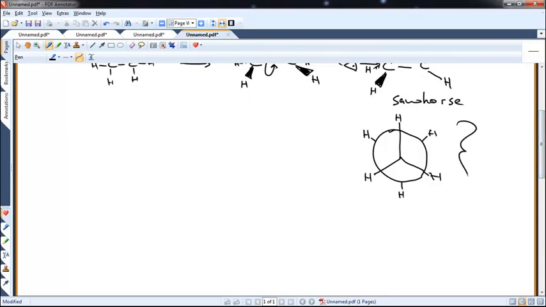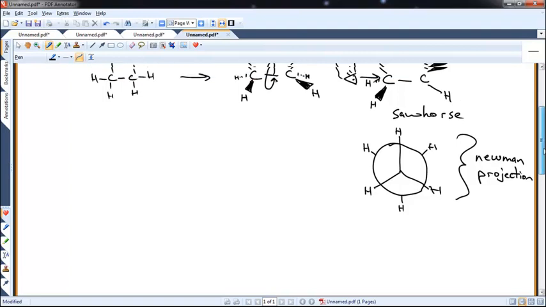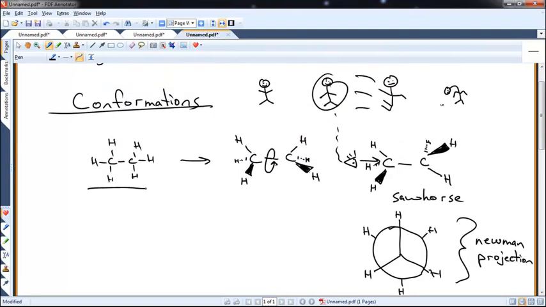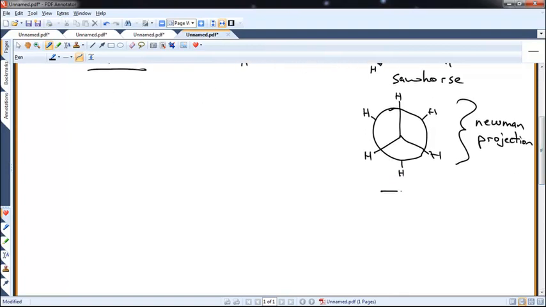This method of drawing a three-dimensional object in two-dimensional space is called the Newman projection. Okay, it's very important. Basically, the ability to take a two-dimensional flat drawing, convert it to a three-dimensional drawing, and then reconvert it back to a two-dimensional drawing is called projecting, and this specific type of projecting is called the Newman projection, and it will help you understand the chemistry later on.